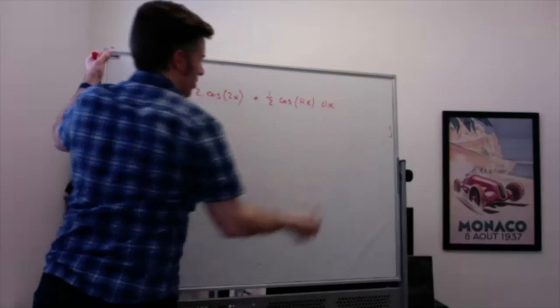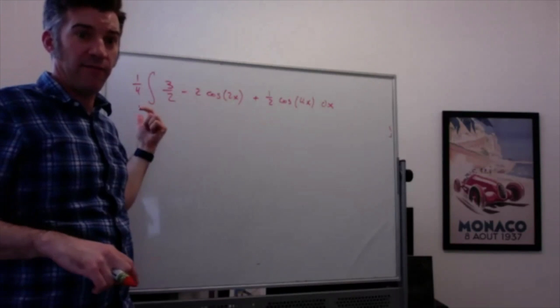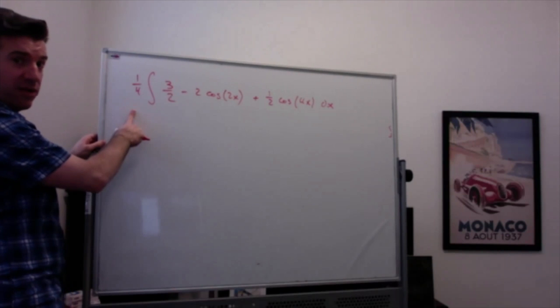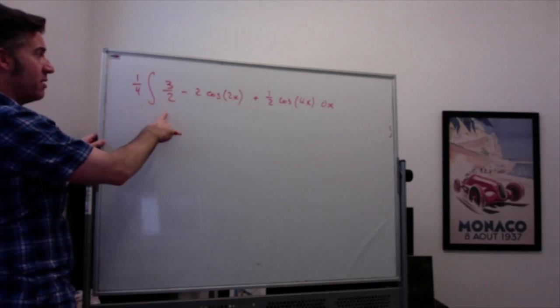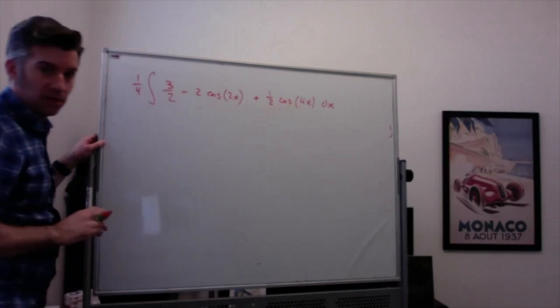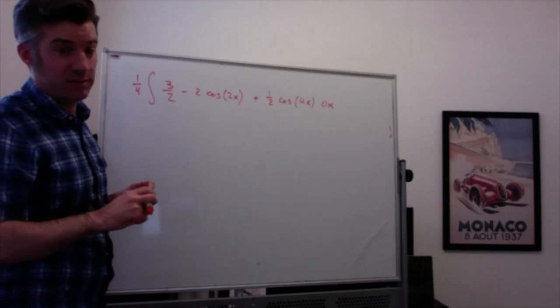If you're reading solutions for a problem like this, you will often see people factor out a 1/2, and rewrite this as 1/8 integral of 3 minus 4 cosine of 2x plus cosine of 4x, just so they don't have to deal with the 1/2. I don't think we really need to do that, but it is often something people do.